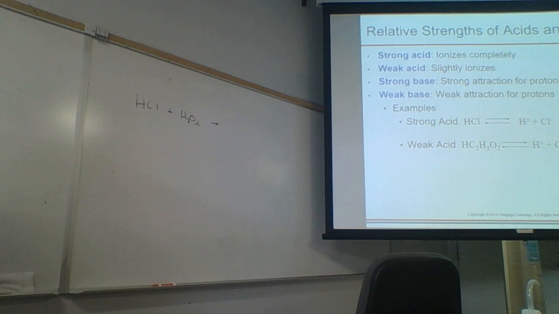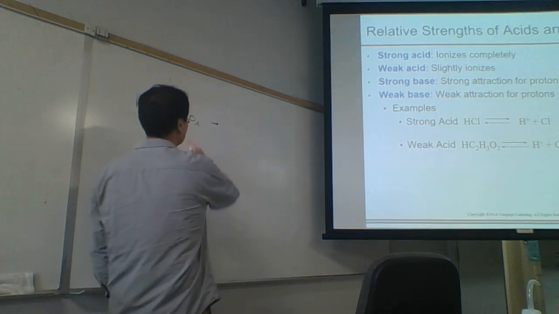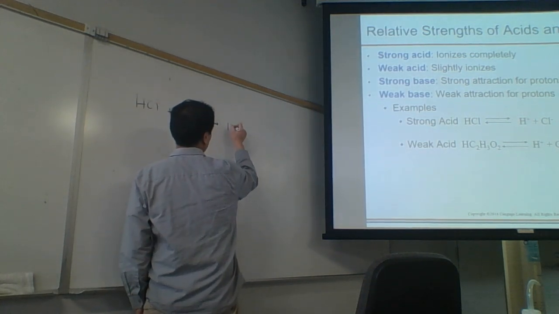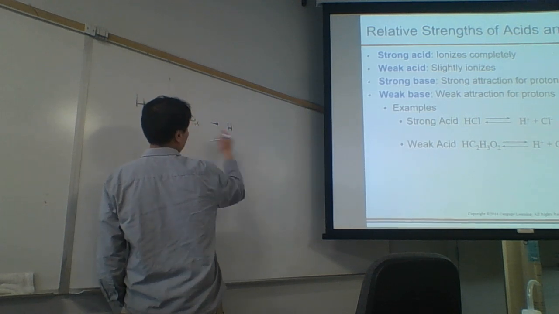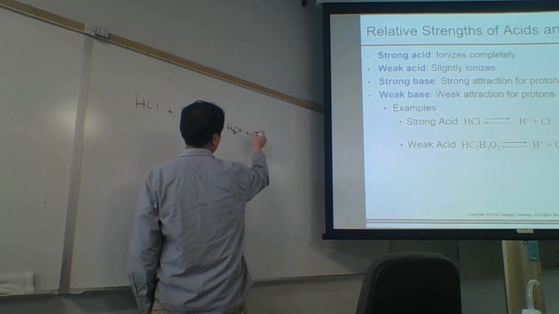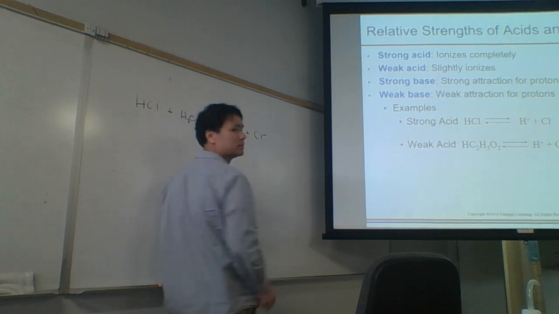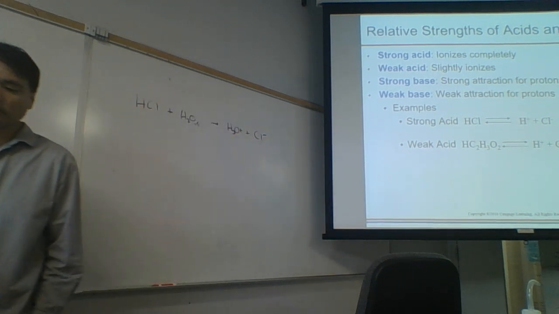In other words, the base is going to take the H from the acid. And so what's the acid in this case? Acid's HCl, base is water. So what's going to form is the base takes the proton, so we're going to go H3O plus plus Cl minus. That's what we end up with.